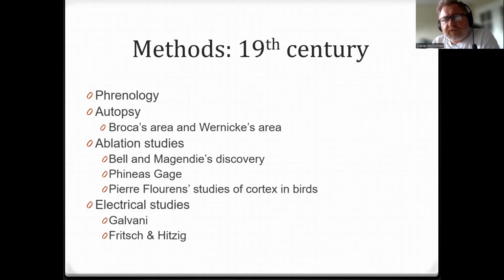So he began to explore this property by passing current through nerves and watching how it affected muscles and so forth. And so this idea of nerves conducting electricity was the beginning of the study of ultimately synapses.